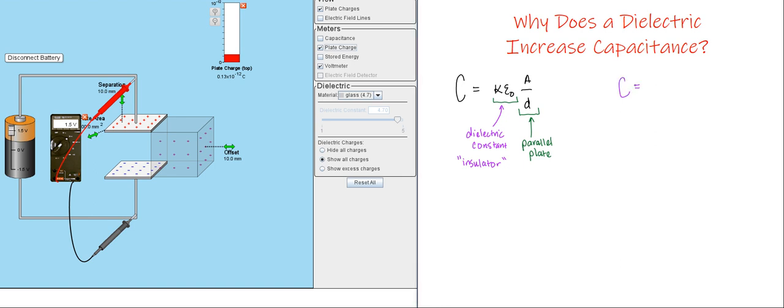If we look at the definition of capacitance as the amount of charge stored per volt across the capacitor, let's say I have a capacitance of 10 farads. If I want to store 100 coulombs of charge on the capacitor plates, I'd need at least 10 volts, because the capacitance is fixed by these parameters.